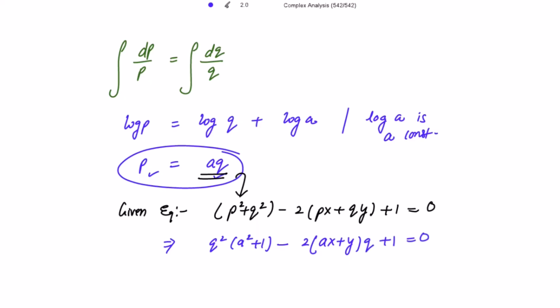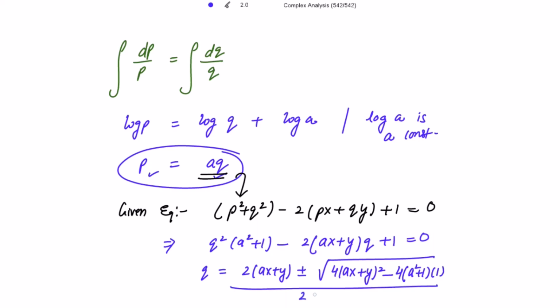So if you notice here, we are getting a quadratic equation in q, right? So what are the roots? The value of q will be minus b, that is twice of (ax plus y), plus minus the square root of b square, that is 4 times (ax plus y) whole square, minus 4ac. Here a is (a square plus 1) and c is 1, divided by twice of (a square plus 1).